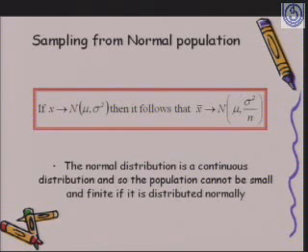But if your population is big enough to be called infinite, then there is no need for the finite population multiplier. And this is what we have shown in this slide: the normal distribution is a continuous distribution and the population cannot be small and finite if it is distributed normally, because there would be infinitely many values.